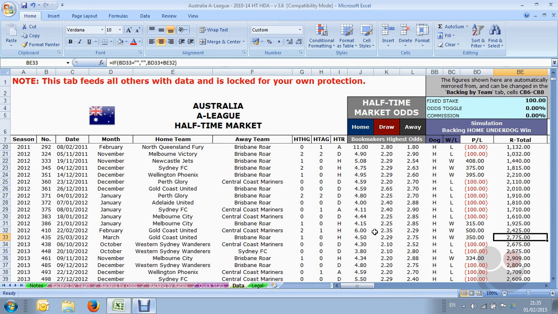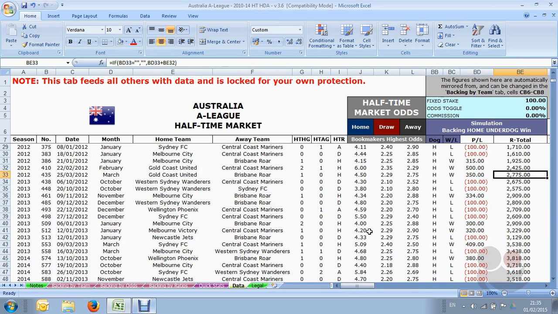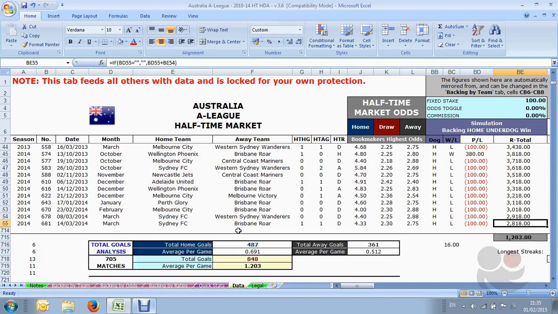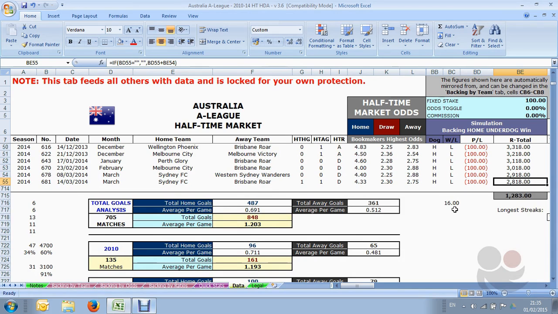So we have one profit, one loss, one profit. The end of 2013, profit has gone up again and then dropped in 2014. So 2 of the 5 seasons that we've analysed here are loss-making seasons, and from that perspective this would not be a system of my personal preference.